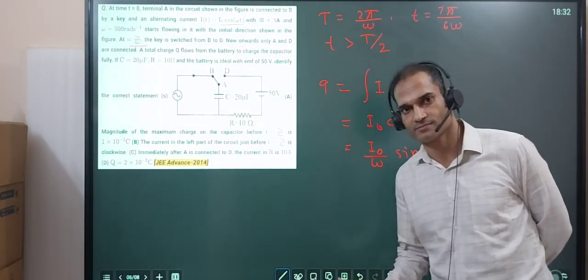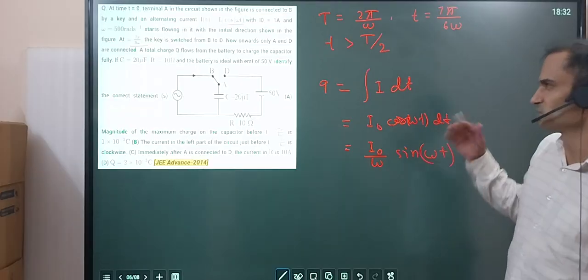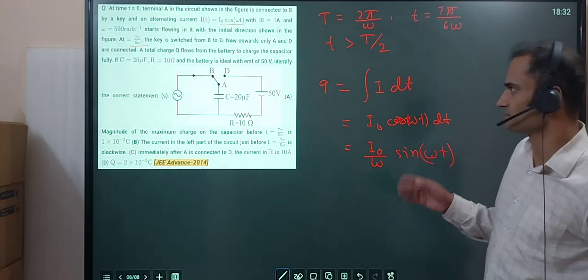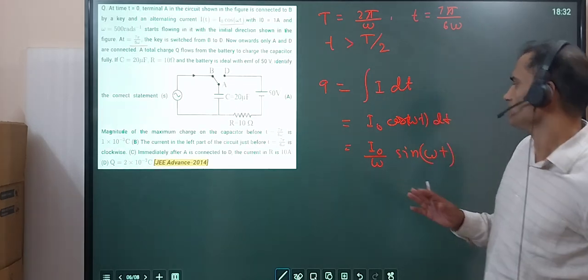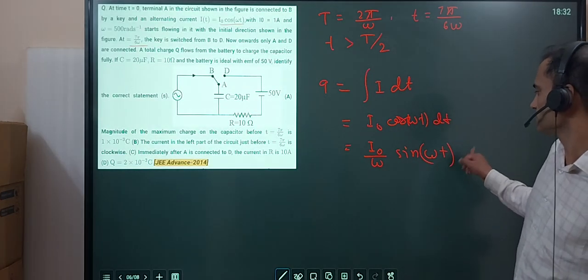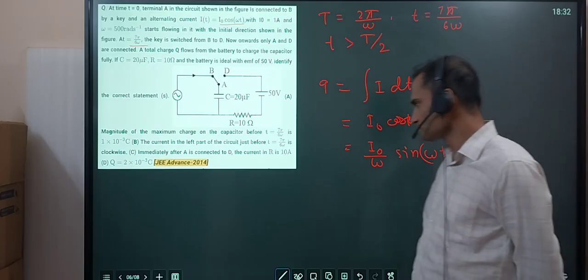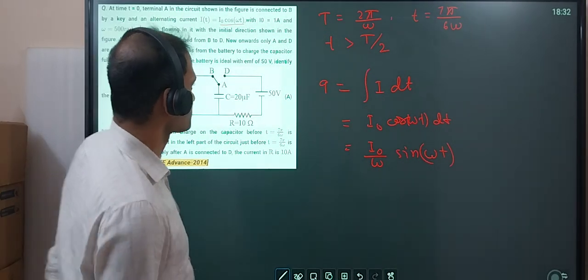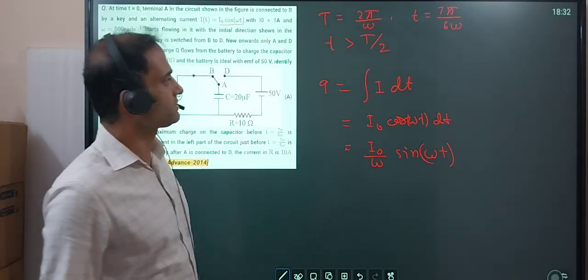Okay, either we do it with inductance or capacitance, no problem. Okay, there will be no plus C. Okay, so Q max, this is half of the time period.